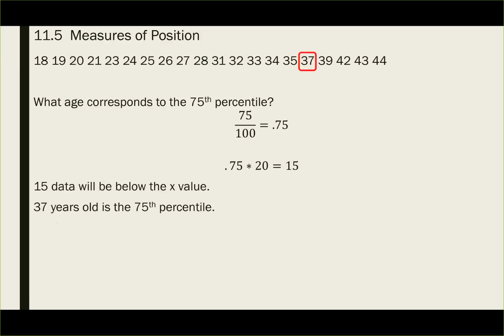Therefore, you count 15 data, from up here all the way to 15. So number 37, the 16th position, will be my 75th percentile, okay? So that's the idea here, just the reversal of the percentile rank, okay?